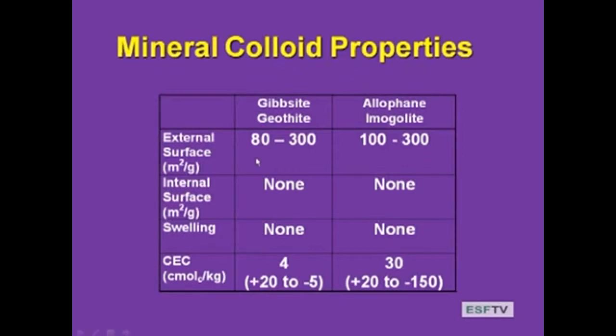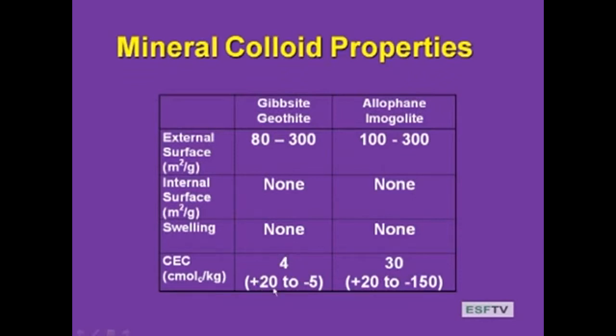These aluminosilicates, remember, are paracrystalline to amorphous, and if we look at the CEC, it's very low for gibbsite and goethite. Those iron oxides and hydroxides are fairly small, about 4 centimoles of charge per kilogram. Again, we have this crazy range, plus 20 to minus 5.